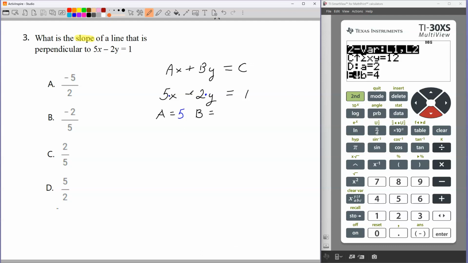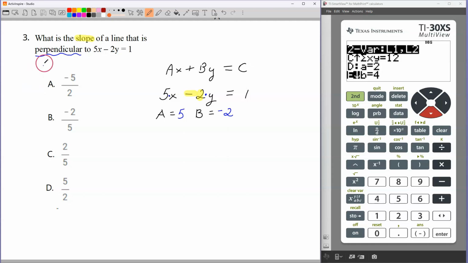Sometimes I interchange minus and negative, but I really want to look at this whole piece right here. So the y is really multiplied by -2. That's important. Let me write that down. So the B value is whatever the y is multiplied by. It's multiplied by -2.